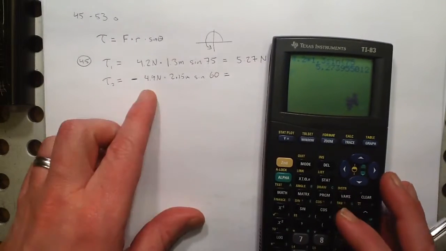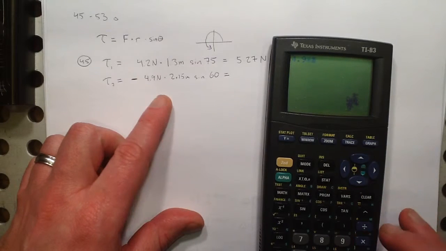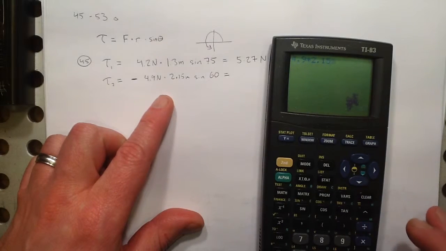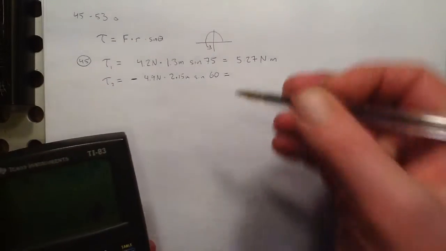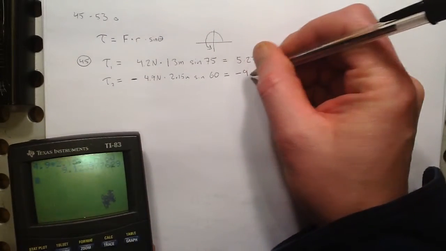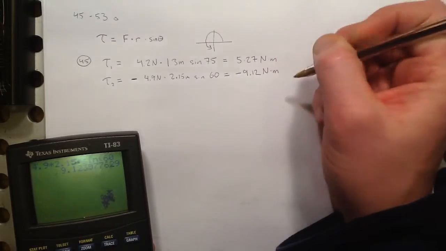And here, this one we've got 4.9 times 2.15 times the sine of the angle between them. That's 9.12, and that's torquing the other way, trying to get it to rotate the other way.